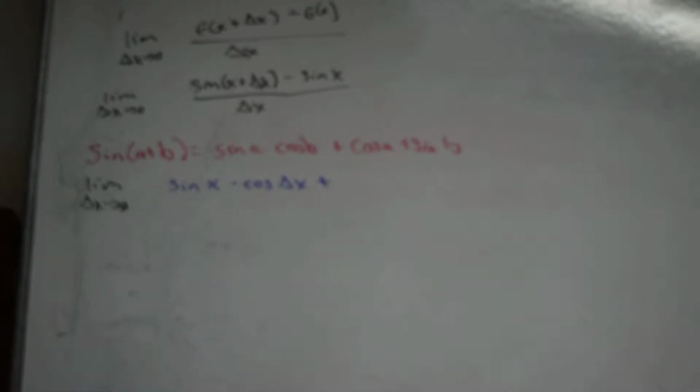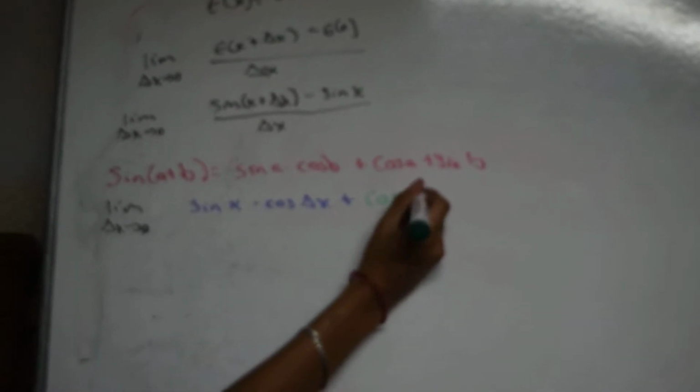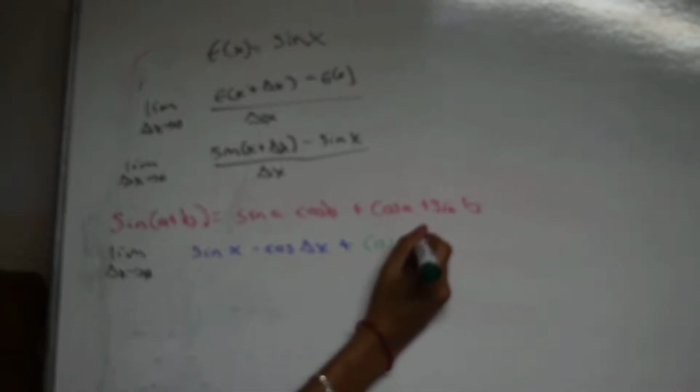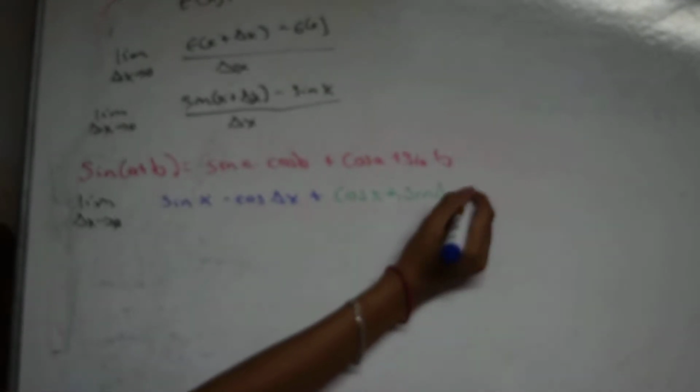So if we substitute this in the original equation, we have the limit as delta x tends to 0 will be equal to the sine of x multiplied by the cosine of delta x plus the cosine of x by the sine of delta x minus the sine of x, all divided by delta x.